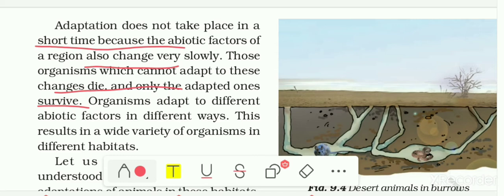So organisms adapt to different abiotic factors in different ways, and this results in a wide variety of organisms in different habitats. Different animals and plants have adapted special features to survive in such environments, and because of that we can find a wide variety of organisms in different habitats.